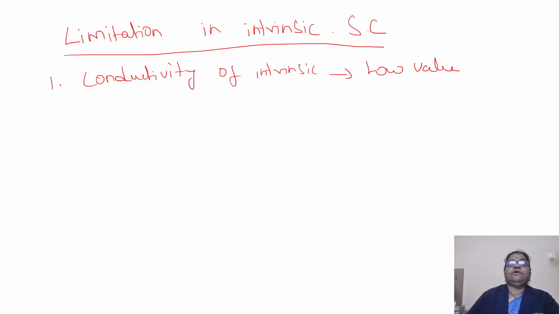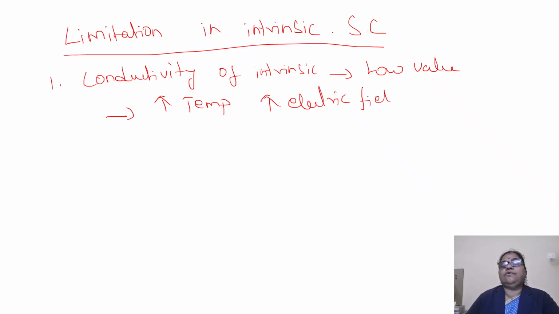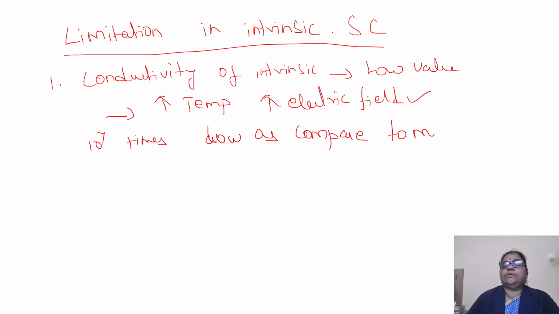Even if you increase the temperature or increase the electric field, there are two ways to enhance the electrical conductivity, but we can't increase the electrical conductivity of the intrinsic semiconductor much. It is about 10 power 7 times lower as compared to metals.